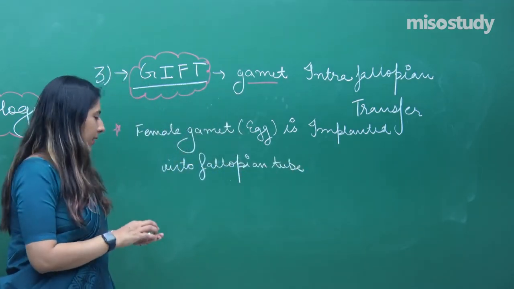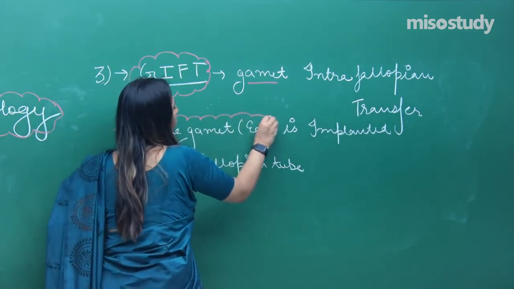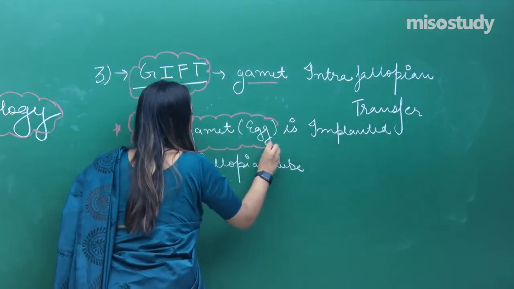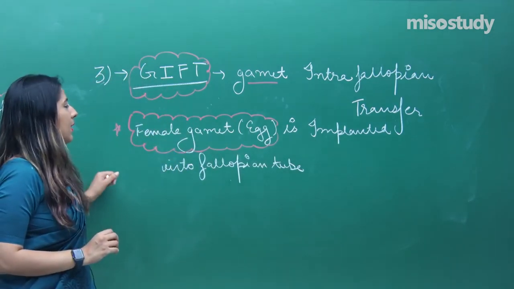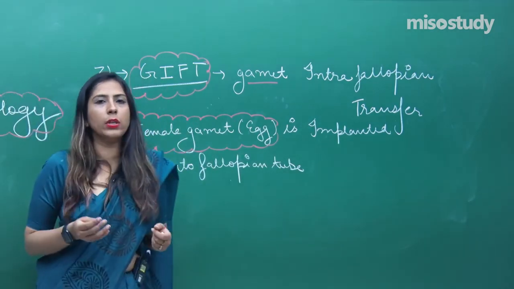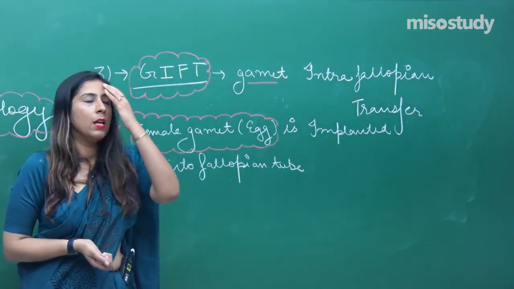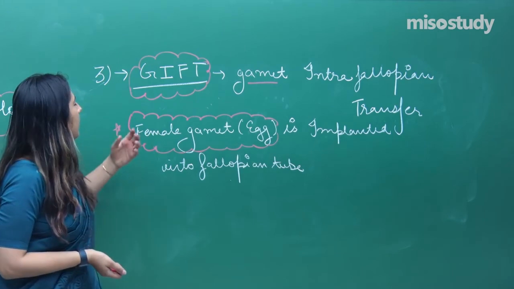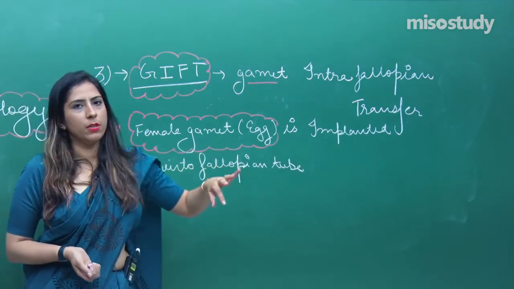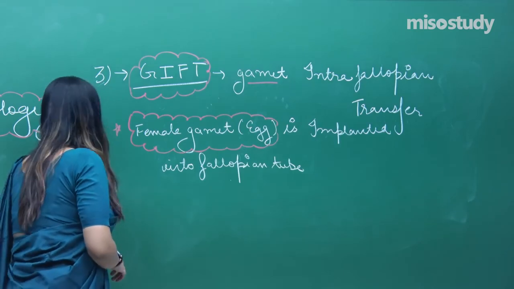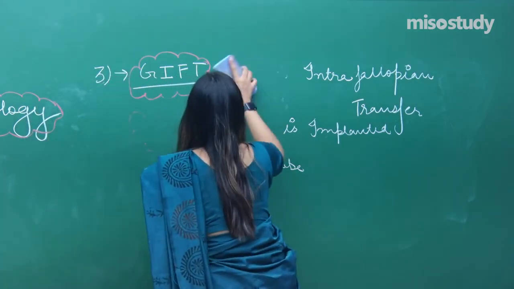And this egg can be from a donor organism, because the female is not able to produce the egg. There are chances that the egg is not good, or there will be no fertilization, or there will be some congenital diseases in the body. So in this case, the couple goes for one procedure, that is GIFT, and the female gametes they take from the donor organism, right? Next, another procedure along with GIFT, we have ZIFT.